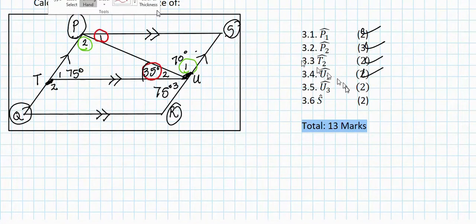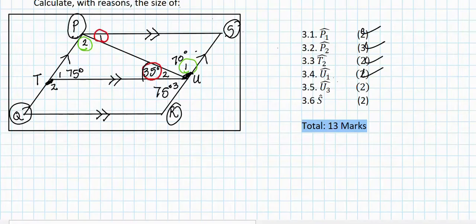Now the last question for this 13 marks. So we are done with this one. We are left with angle S. Now look at angle S right there. I mean, come on. The answer is just staring you in the face. There's an easier way to do it, and there's a difficult way. It all depends on you.